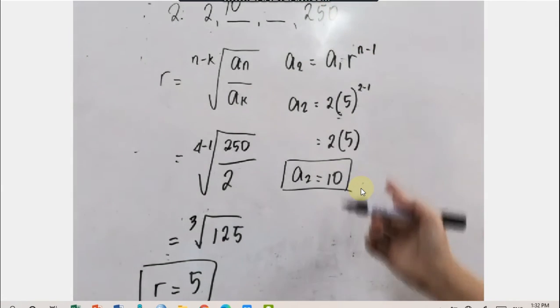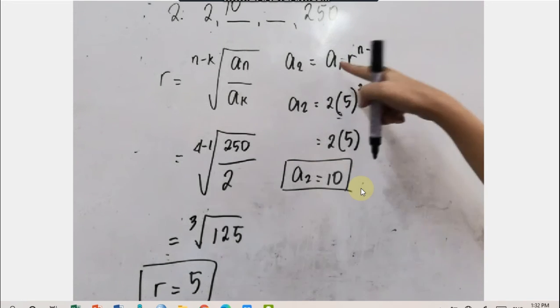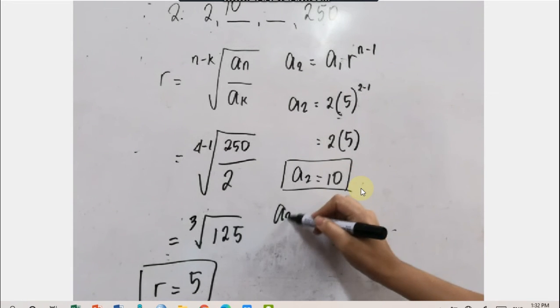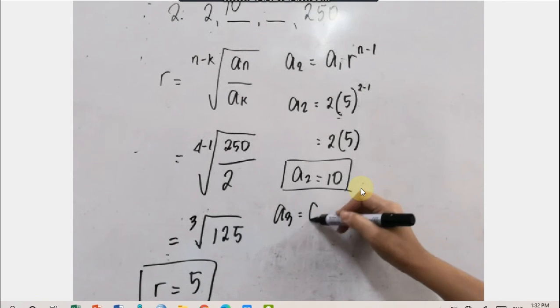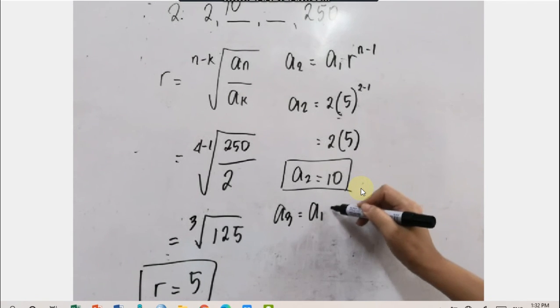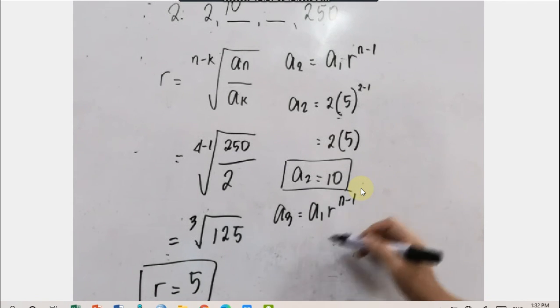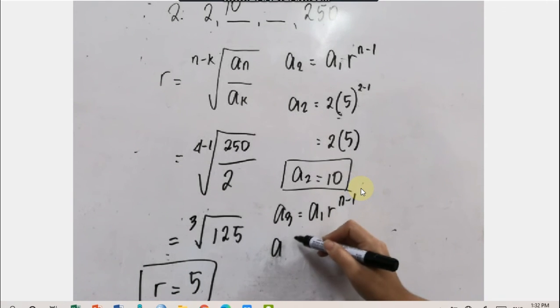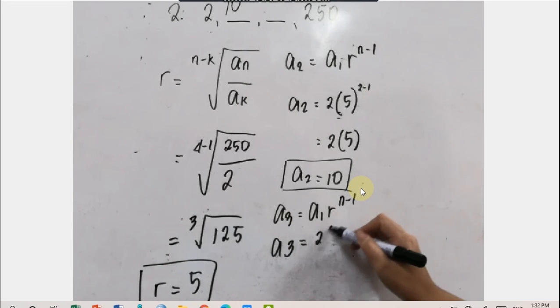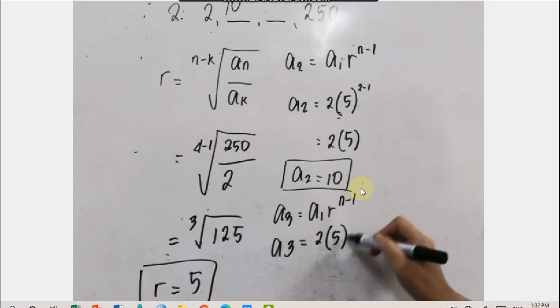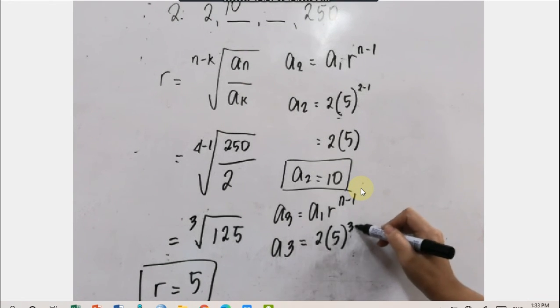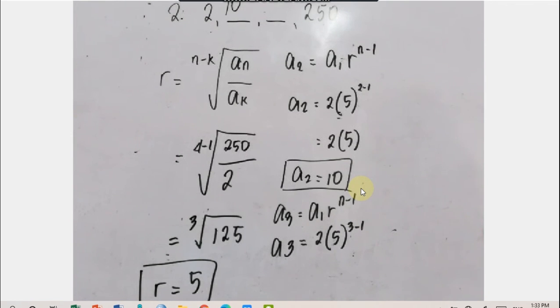Now, for a sub 3, we can also use the same formula. A sub 3 is equal to a sub 1 times r raised to the power of n minus 1. So you have a sub 3 is equal to 2 times 5 raised to the power of 3 minus 1.